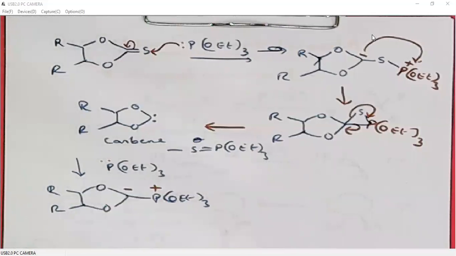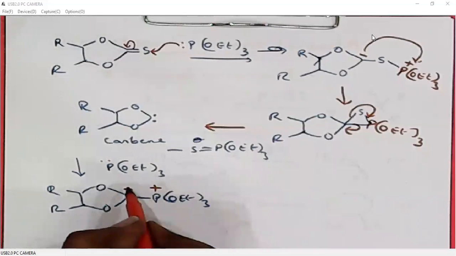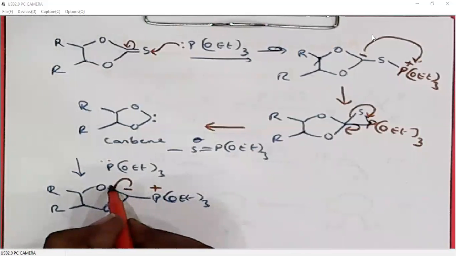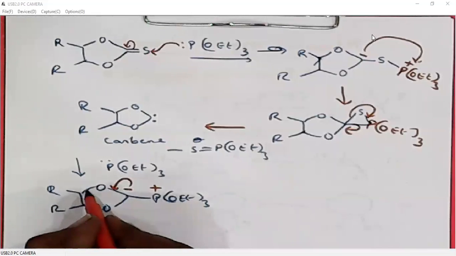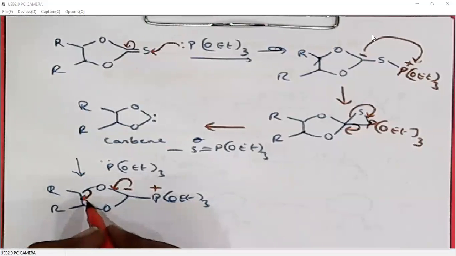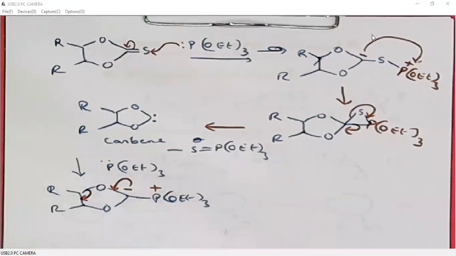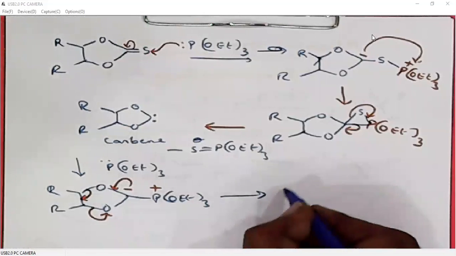Now at this stage, it will undergo decomposition. The negative charge will be polarized towards oxygen so that it generates a carbon-oxygen double bond. Then this carbon-oxygen double bond will break down, so it will generate a carbon-carbon double bond. Then this bond pair will be polarized towards oxygen, so it gets a negative charge.